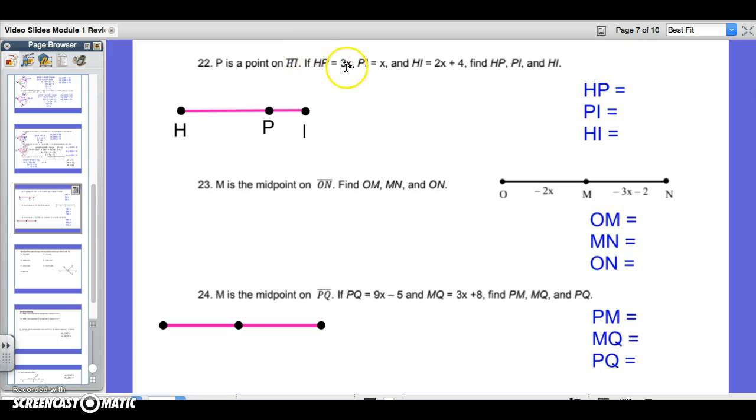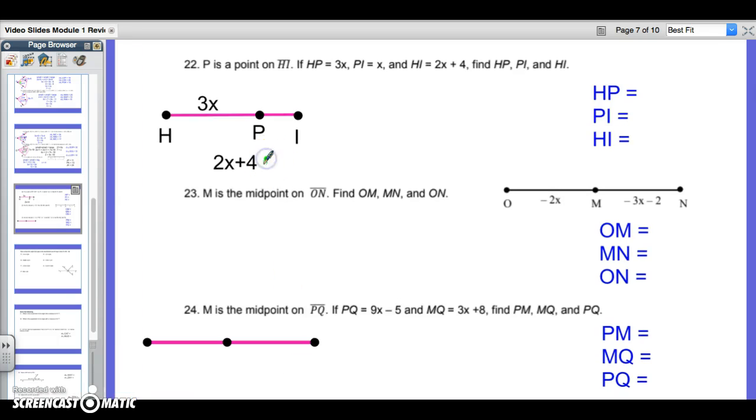So HP is 3x right here, and HI, the whole thing, is 2x plus 4. Interesting. They're throwing us a curveball here. Let me show. So that goes from here all the way over to here.